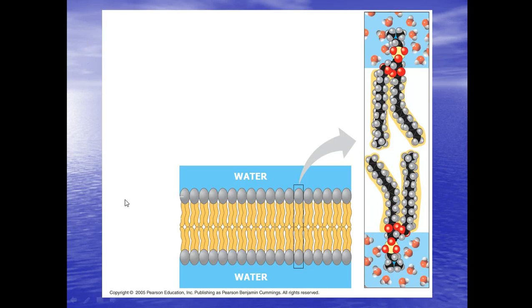See here, this is the phospholipid molecule, this is the head, this is the tail. And in the plasma membrane, they are arranged like this. There are two layers of phospholipid. This is one layer and this is another layer. These phospholipid molecules are arranged such that the head is facing outside and tails are buried inside.